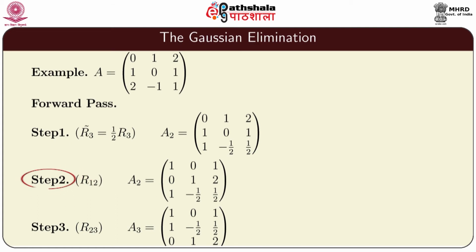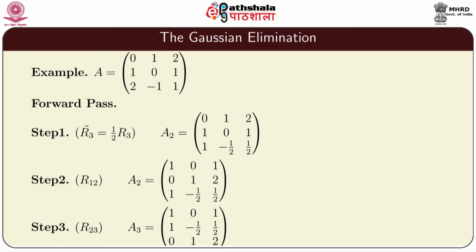How do we do that? Look at step 2. We apply the elementary row operation of the third kind, that is, the third row, represented by R3, is being changed to R3 tilde. And how do we do that? R3 tilde is equal to minus 2 R1 plus R3.